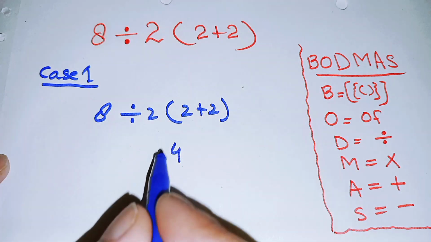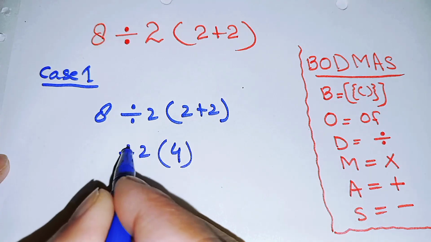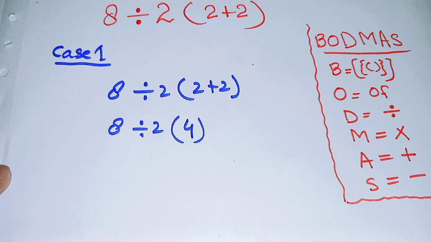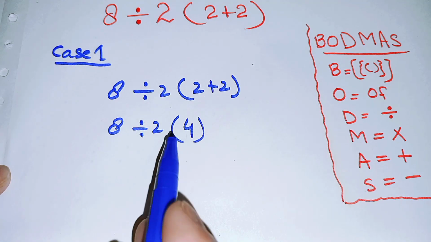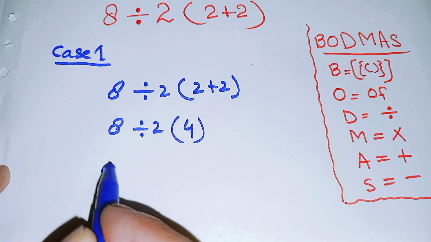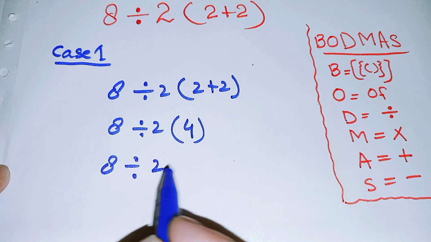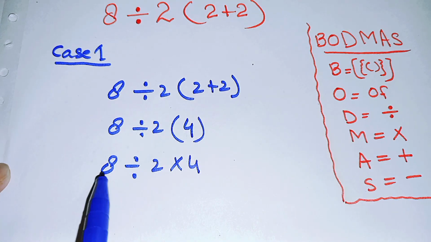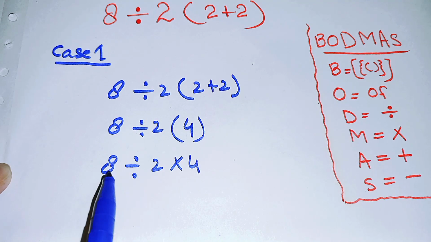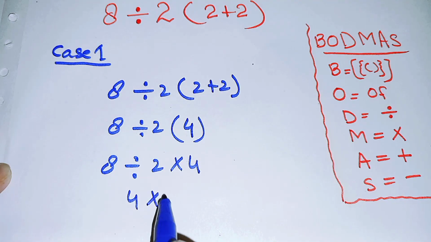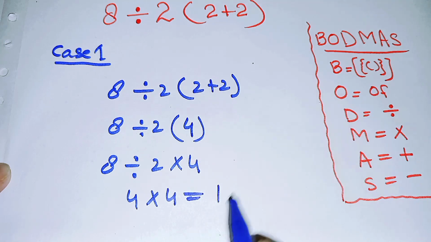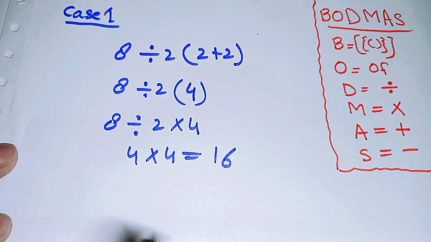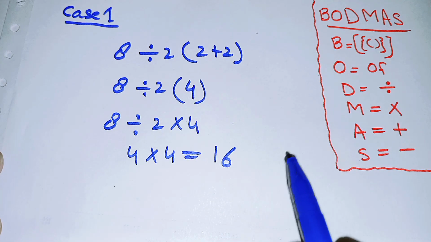Then 8 divided by 2 and multiplied by 4. 8 divided by 2 is 4, and then multiplied by 4 is equal to 16. Here we applied the BODMAS rule wrongly, so it is wrong.